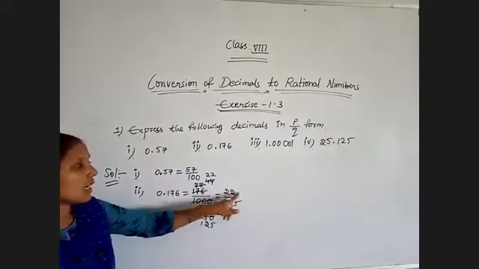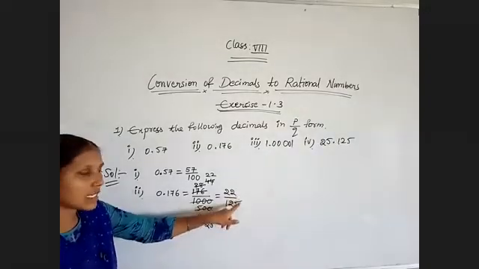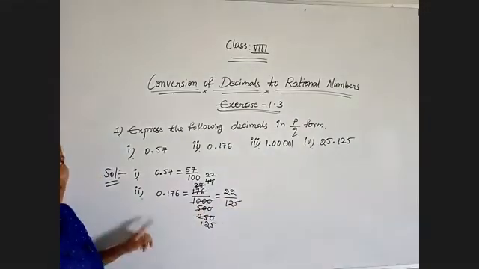Here 2 and 5 cannot be in the same table, so cancellation is not possible. So this is the way to simplify.